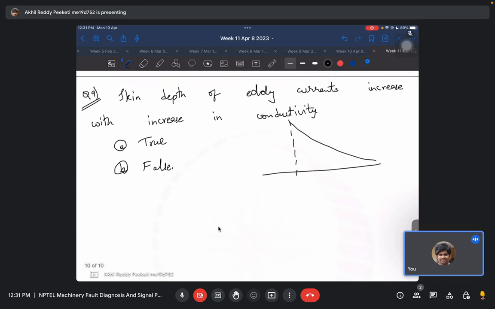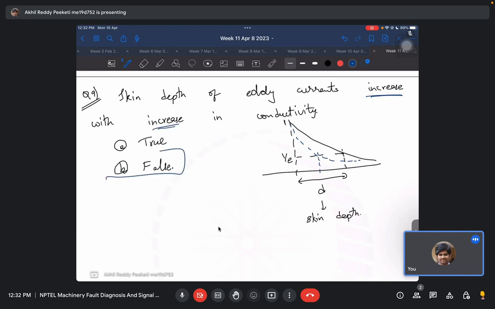The depth at which the density reaches 1 by E of the density at the surface is called the skin depth. If you have a material which is more conductive, the eddy current drops much faster, so it will have a lower skin depth. So the statement that skin depth increases with increasing conductivity is false.